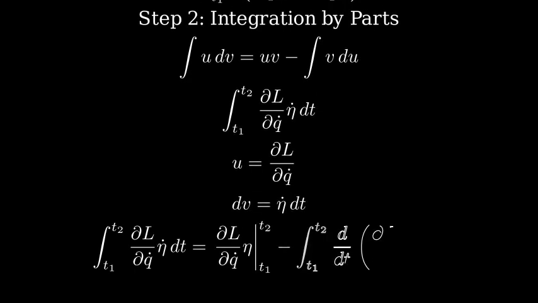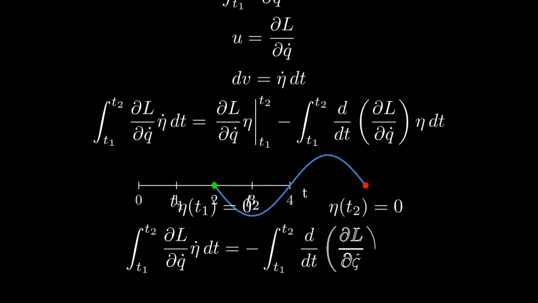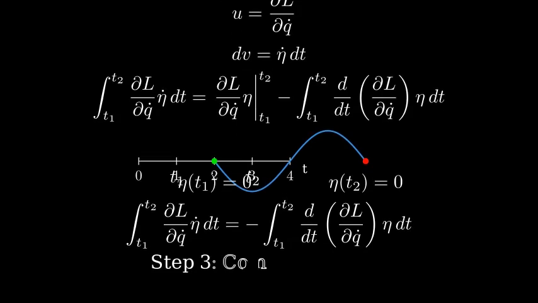So, the result is the partial derivative of L with respect to q dot times eta, evaluated at the boundary points, minus the integral of the time derivative of the partial derivative of L with respect to q dot times eta dt. Since eta vanishes at the endpoints t sub 1 and t sub 2, the boundary term is 0.